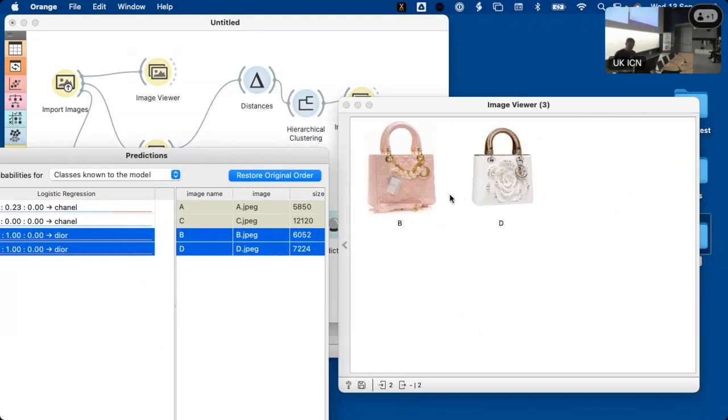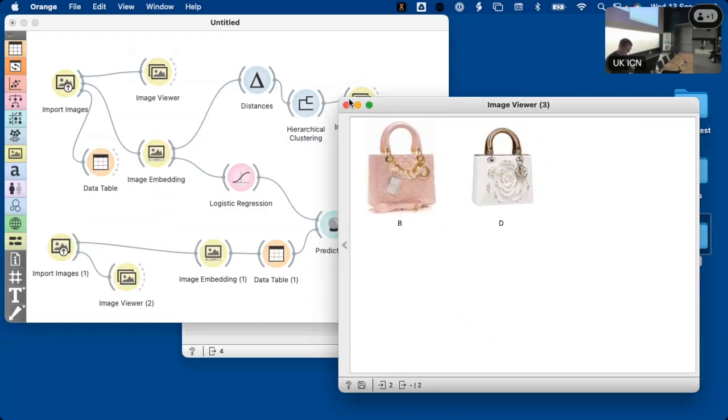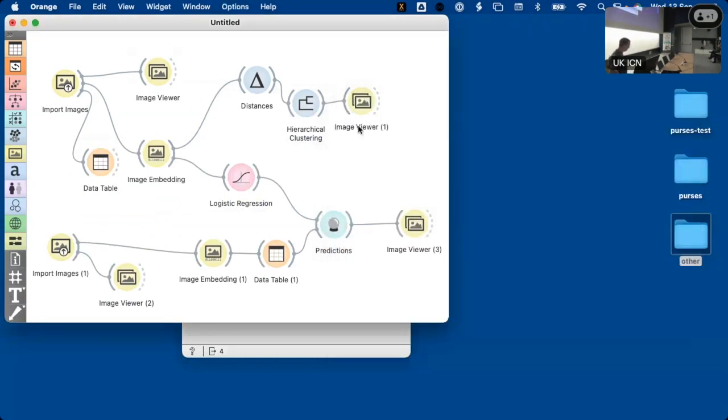I also told her that usually in machine learning, we not only like to predict, but we'd like to estimate how good the models are. We do that by learning on a subset of data and then testing the predictions on whatever is left. It's called cross-validation.